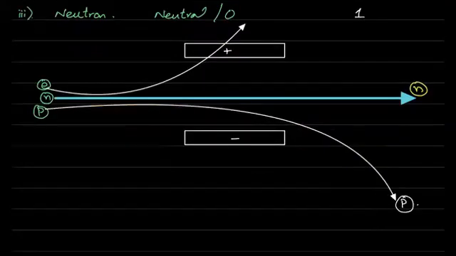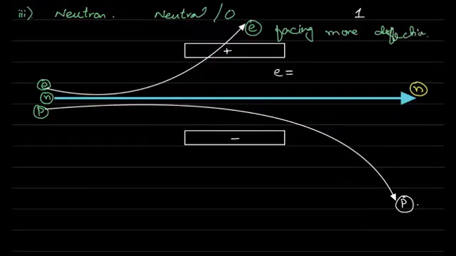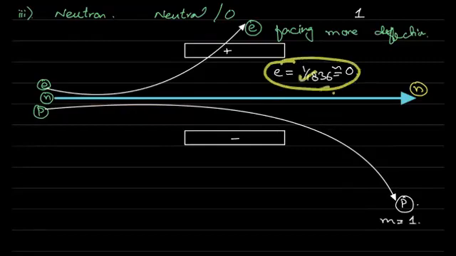Yes, Zoha, you're right. Why is it facing more deflection? Because mass of electron is approximately 0, or 1 over 1836, and mass of proton is 1. So the one which has low mass will face more deflection. The one which has higher mass will face lesser deflection.